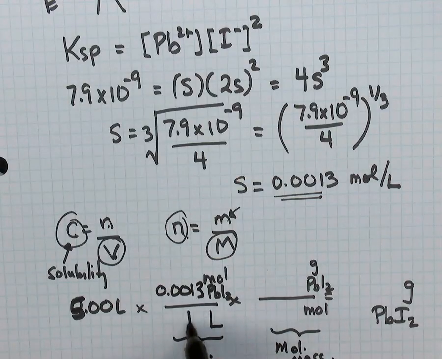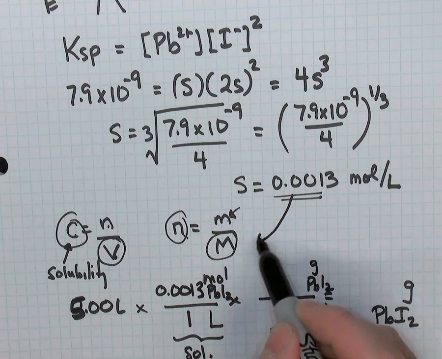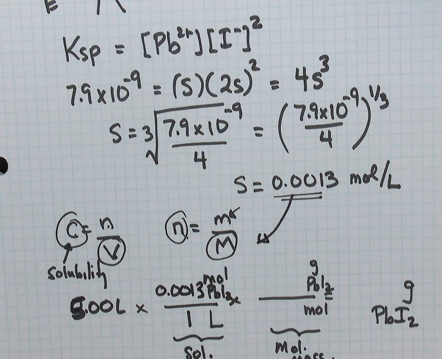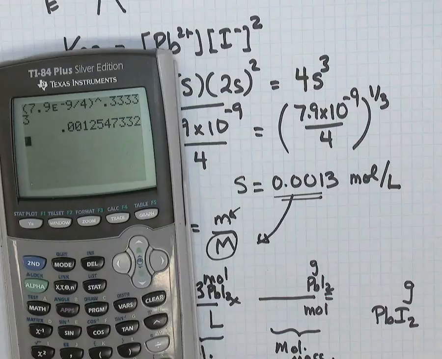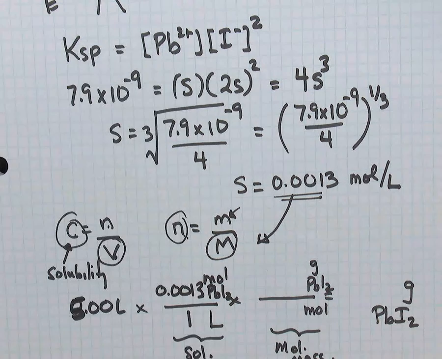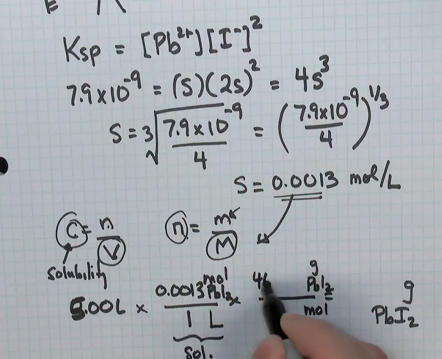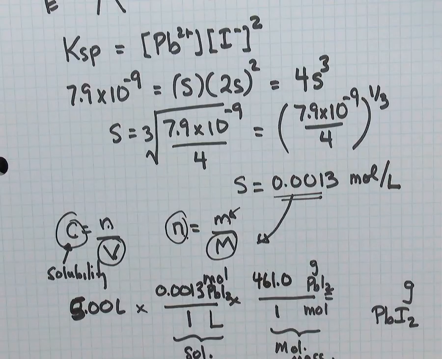So the solubility, 0.0013 moles per liter, that was our molar solubility. And then the molar mass, just looking on a periodic table for a moment, 207.2 is lead, plus 2 times 126.9, 2 iodides, 461.0 grams per mole.